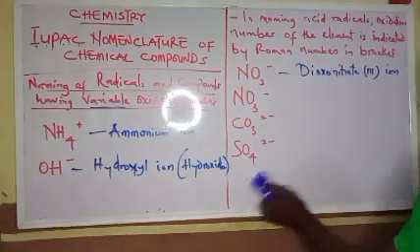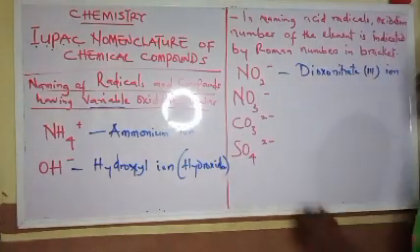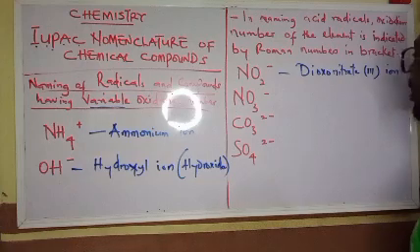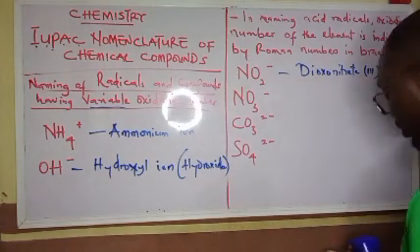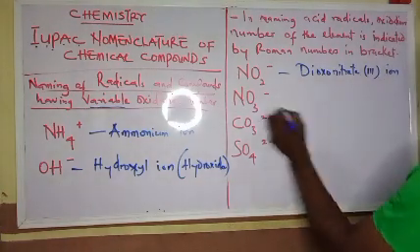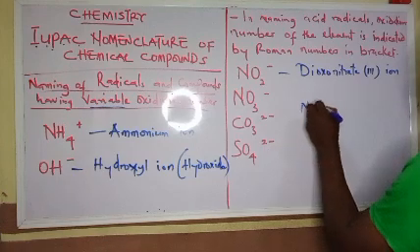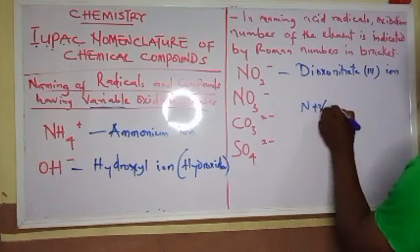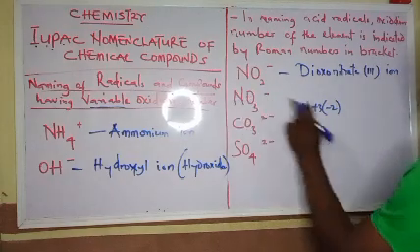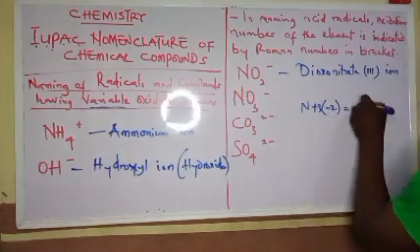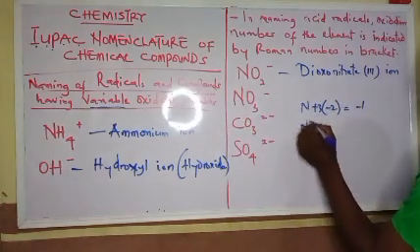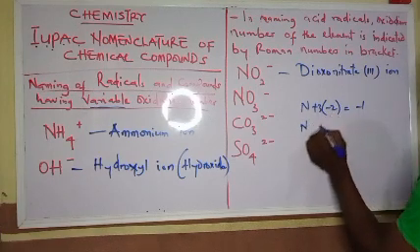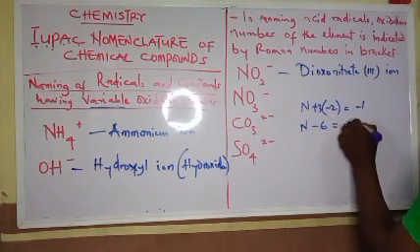Now let's look at the next acidic radical here. What will be the oxidation number of nitrogen there? So we have N plus 3 times -2, the oxygen being -2, is equal to -1. So this becomes N plus 3 times -2, which is -6, equal to -1.